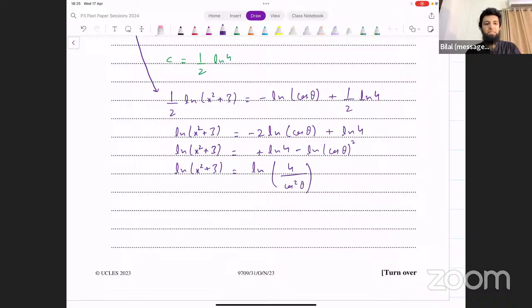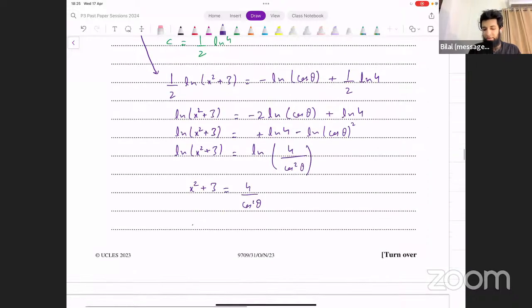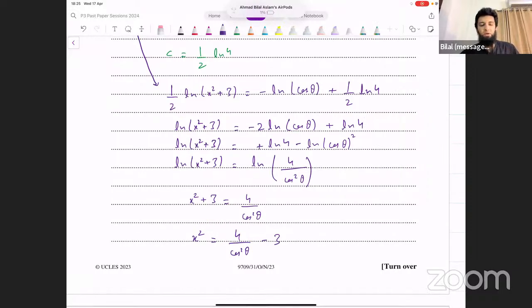And now since we have a single ln term on both sides, we can get rid of the ln and we can say it's x squared plus 3 equal to 4 over cos square theta, and then it becomes x squared equal to 4 over cos square theta minus 3, and that's what we wanted. That is x squared in terms of theta.